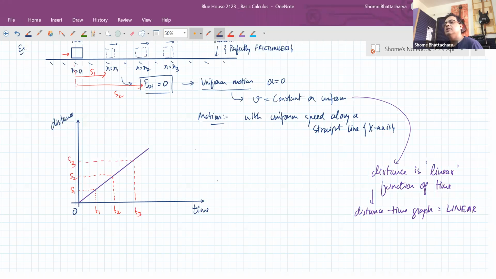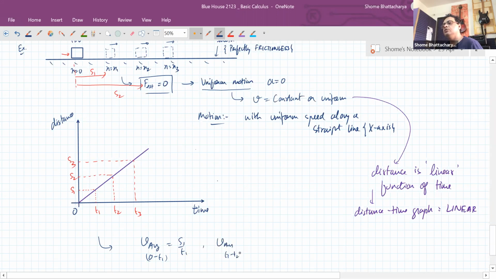Now we can see that the important feature about this is if we calculate average velocity, whether from 0 to t1, that should be s1 by t1, or from t1 to t2, that is equal to (s2 minus s1) upon (t2 minus t1), or from t2 to t3, or any such interval, it will always be the same, and that will be equal to the uniform velocity, right?